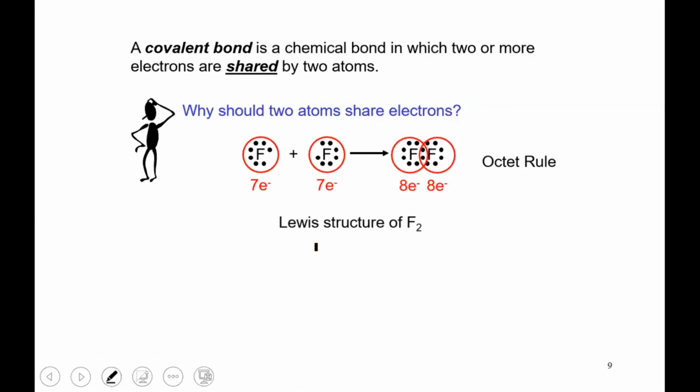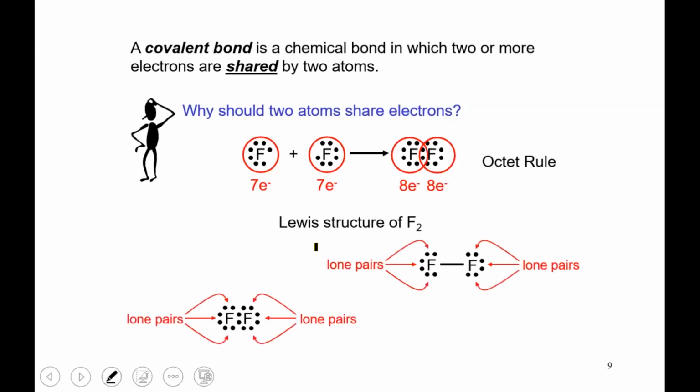So we're going to use this to draw what we call the Lewis structure of fluorine. And the Lewis structure basically takes what we just drew here and changes it into this, all right? Remember that in the dot structure we made, there are some electrons that are not shared. We're going to call these lone pairs, and we're going to draw them in pairs, signifying that they are paired inside one of the s or p orbitals.